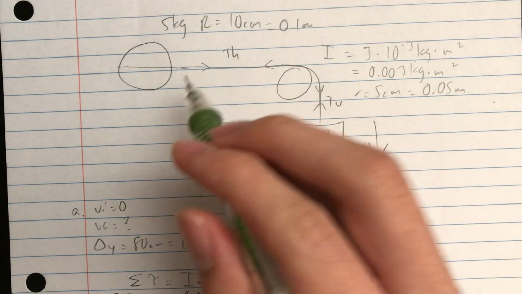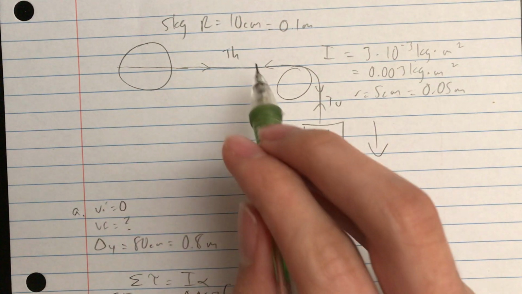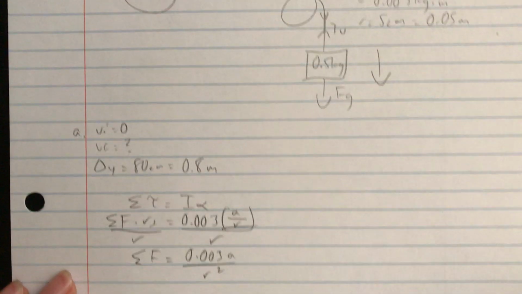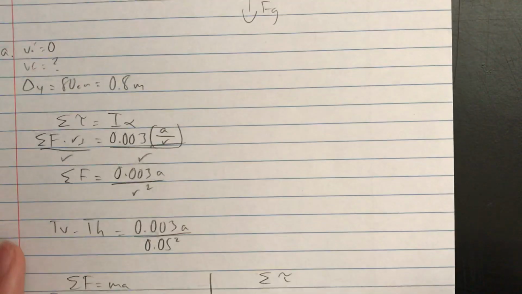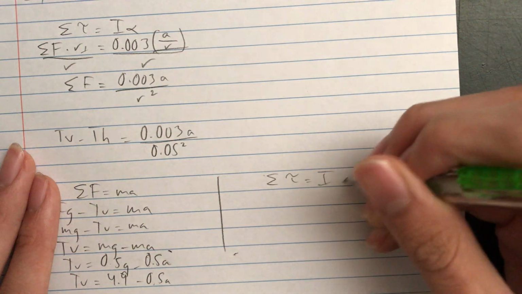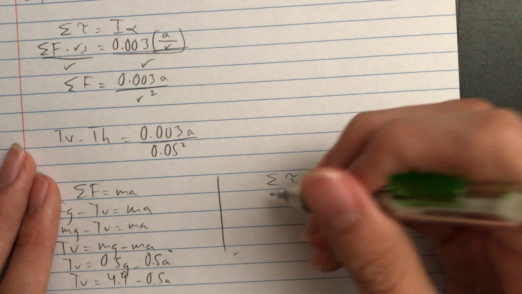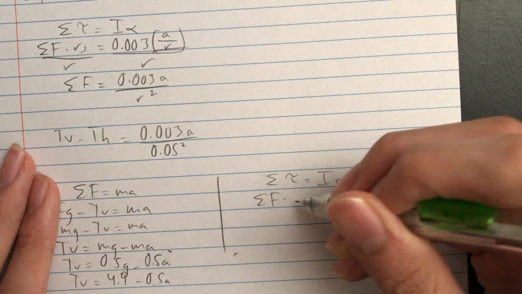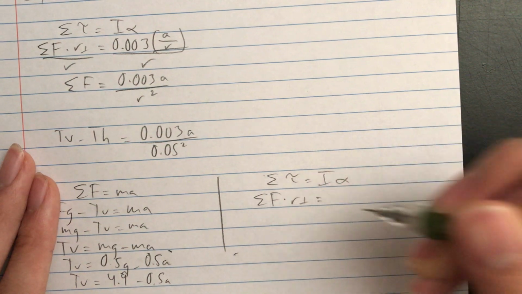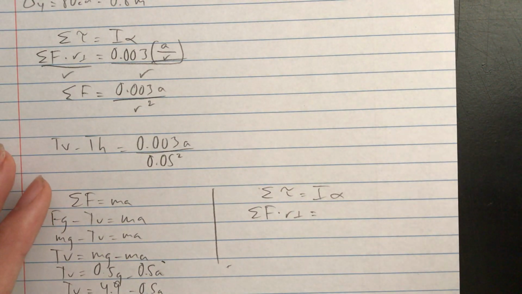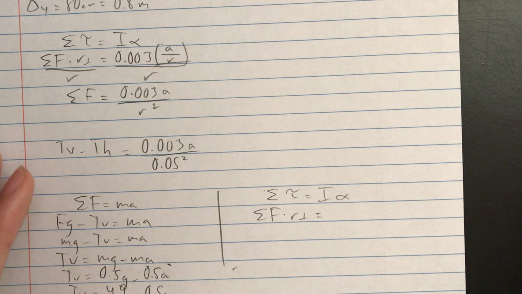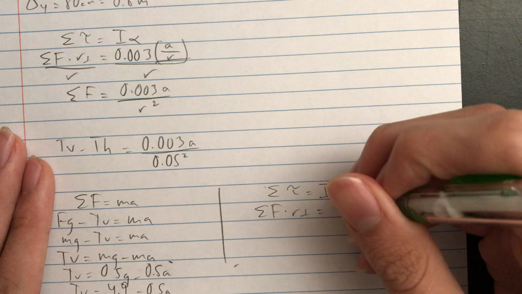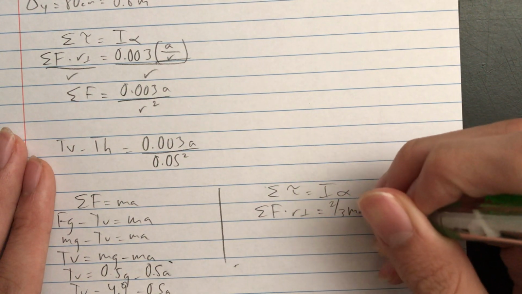Now, for TH. TH is touching this sphere, which is spinning around as the string is getting pulled. Therefore, there's another torque, so we can set up another torque equation. Torque equals I alpha. Torque equals force times moment arm. Since this is a spherical shell, meaning a hollow sphere, it has a moment of inertia of 2/3 mr squared.